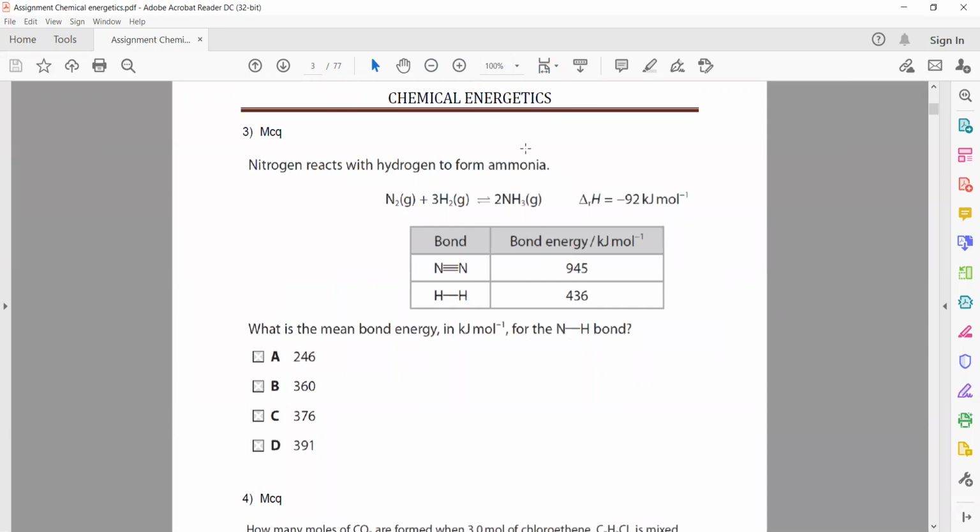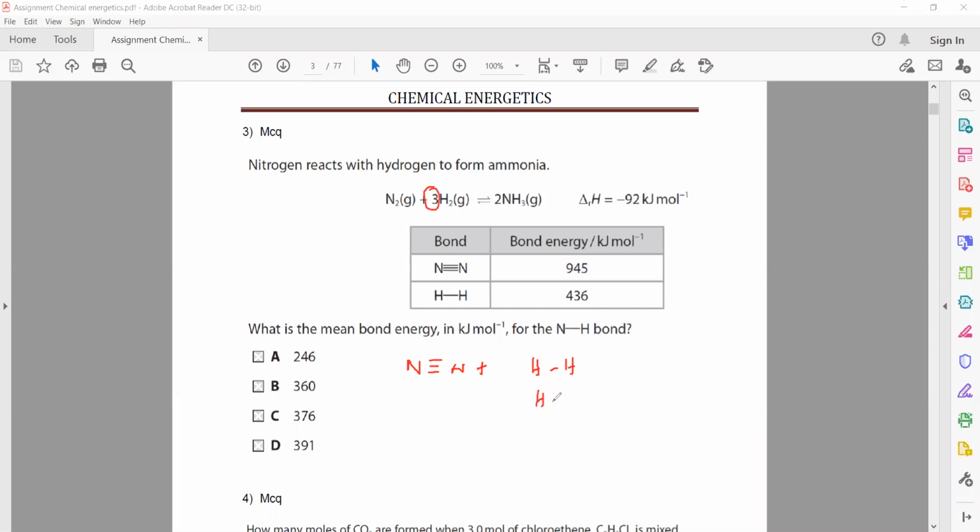So first we write the equation in terms of bonds. N2 means nitrogen triple bonded with nitrogen. Then H2 means hydrogen single bonded with hydrogen, and how many of them are there? 3.